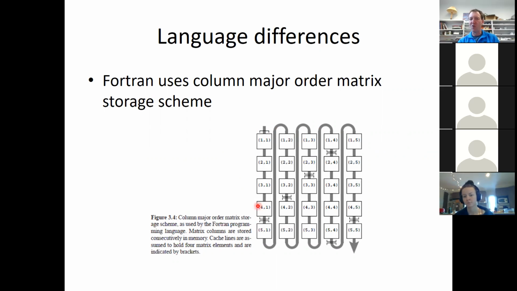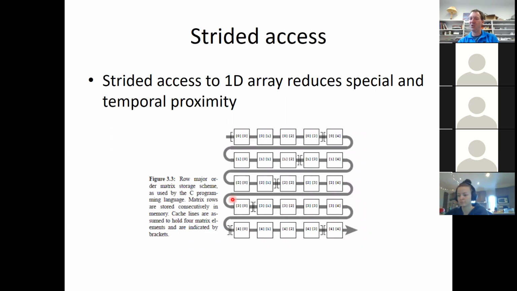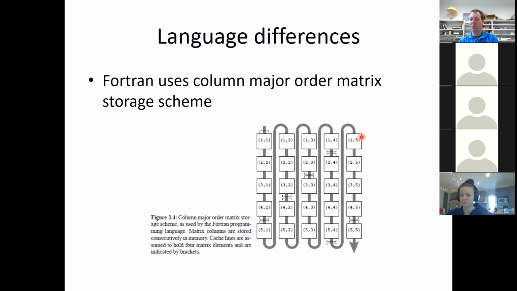So what this means is Fortran uses a column major order matrix storage scheme, which goes in this direction. This is beneficial for Fortran, whereas C has a row major order matrix storage scheme, and therefore is accessed much quicker in this particular C example.